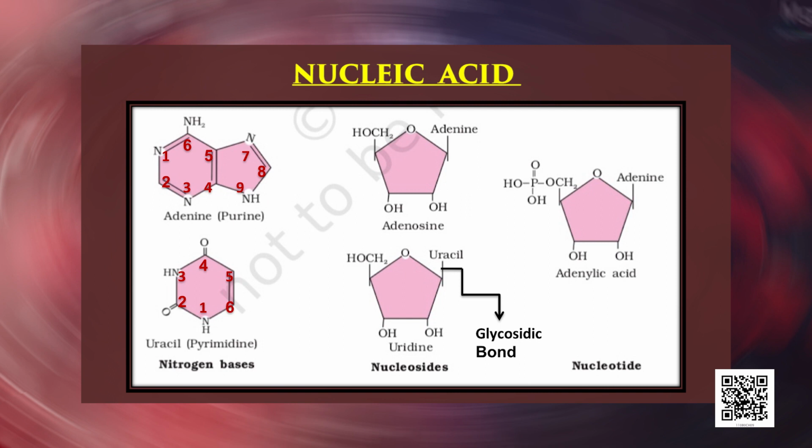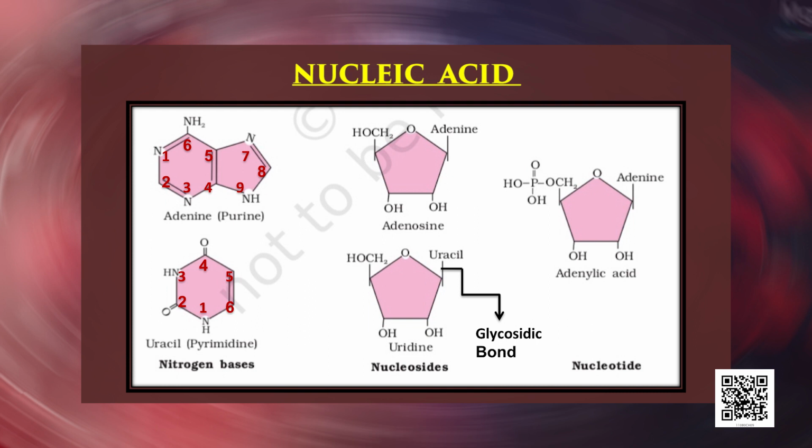A combination of a nitrogen base with a pentose sugar is known as nucleoside. Observe the structure of adenosine shown on the screen. For nucleoside, we use the suffix -sine if nitrogen base is of purine type and suffix -dine is used if the nitrogen base is of pyrimidine type.